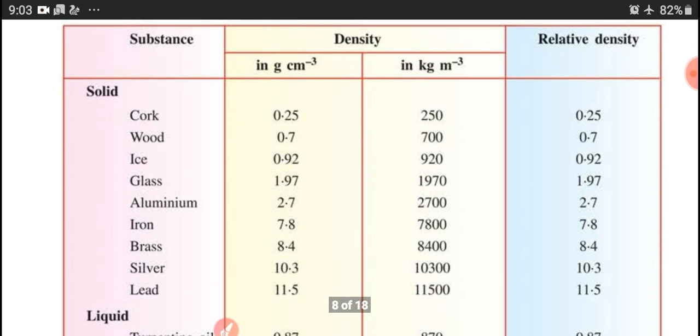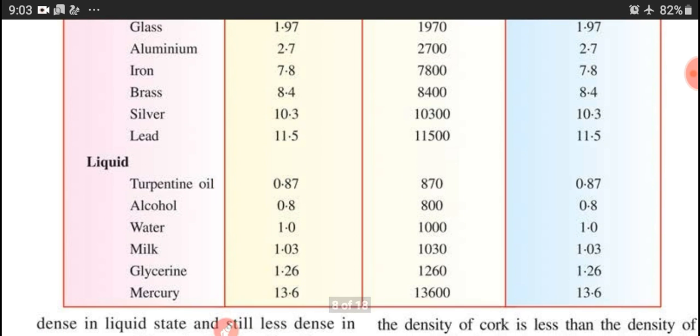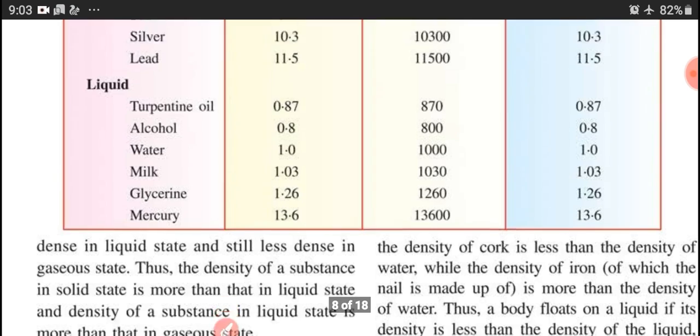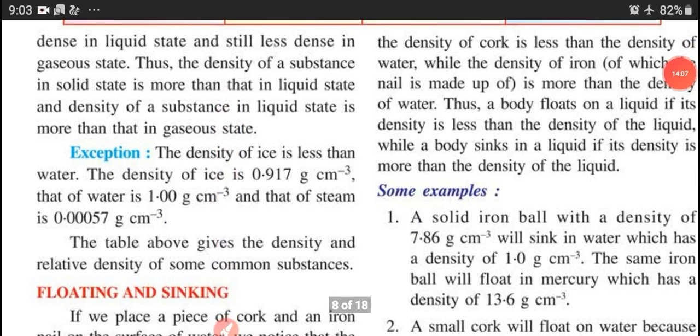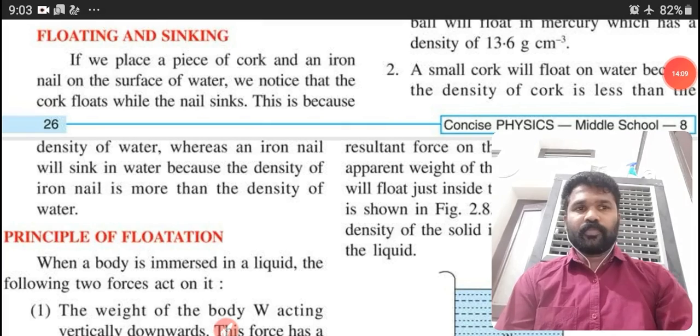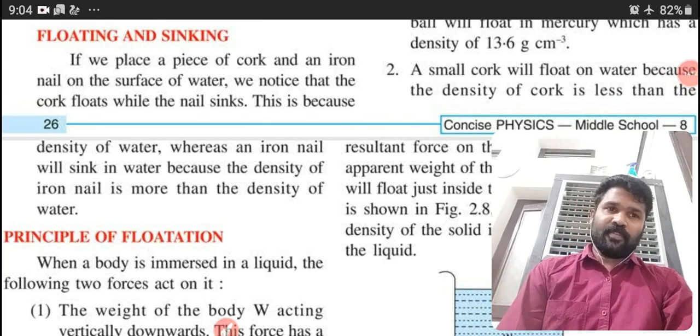In solid state, many examples are there: cork, wood, ice, glass, aluminium, iron, brass, silver, lead, etc. Liquid state: turpentine oil, alcohol, water, milk, glycerin, mercury, etc. You have gone through the table.